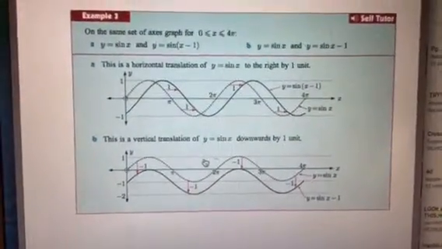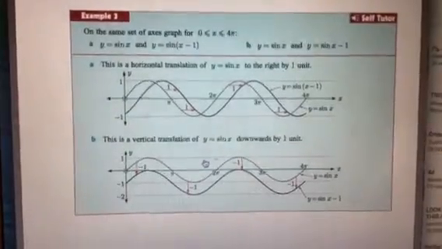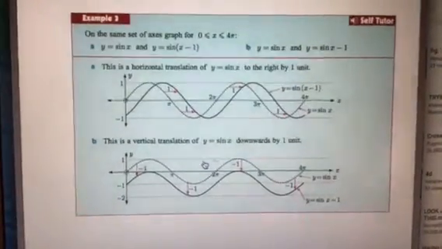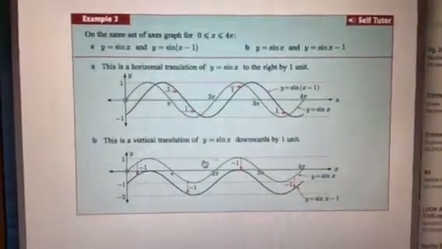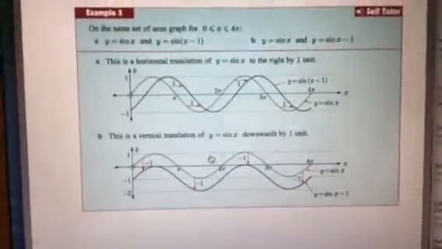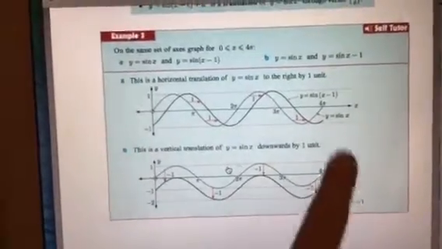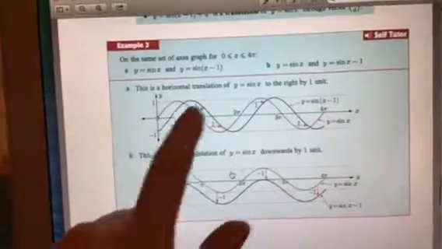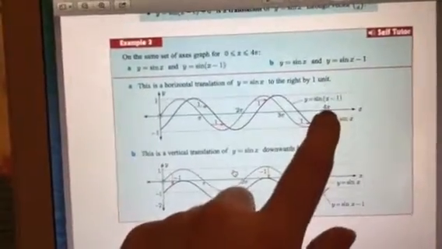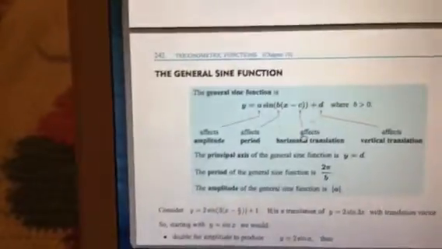The original sine wave is the dotted curve, and the translated version is the solid curve. And you can see in the equation that it has been translated to the right by 1 unit just by seeing that 1 was subtracted in the position of C.